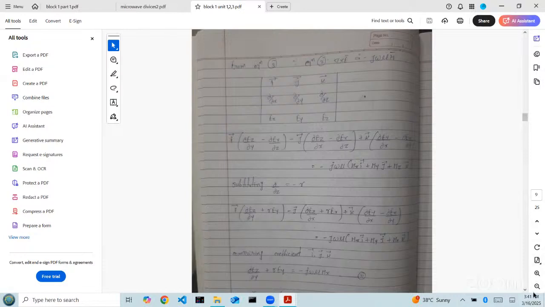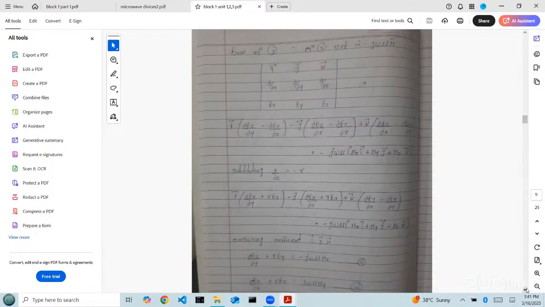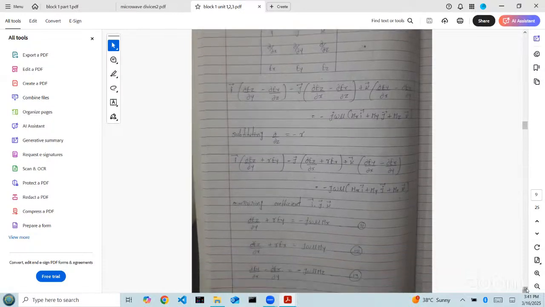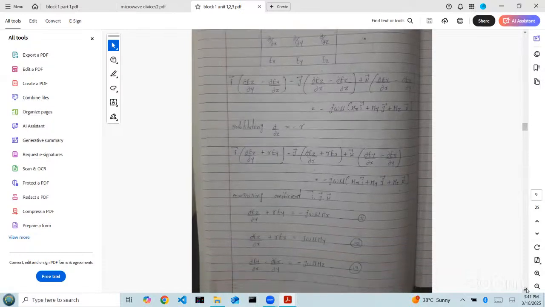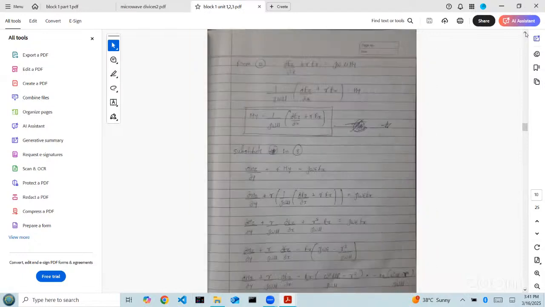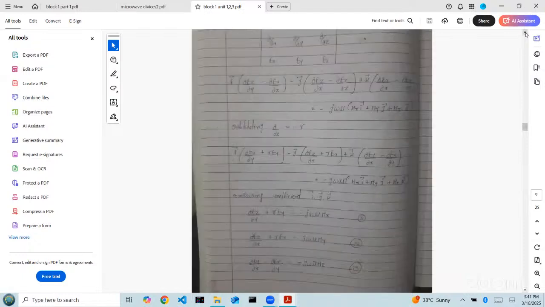Equation number 11, just check. Equations 11, 12, 13 are related to del cross E. The previous equations, whatever we did, are del cross H.